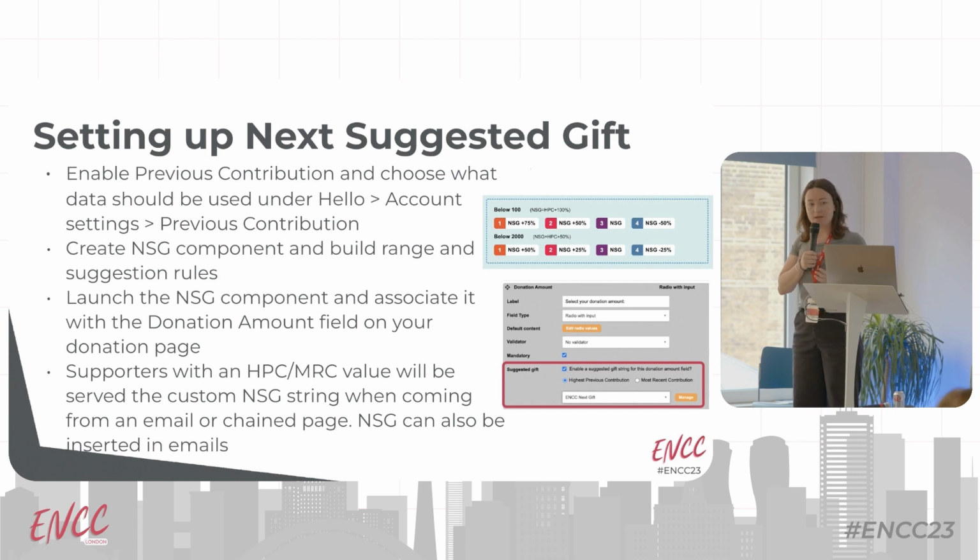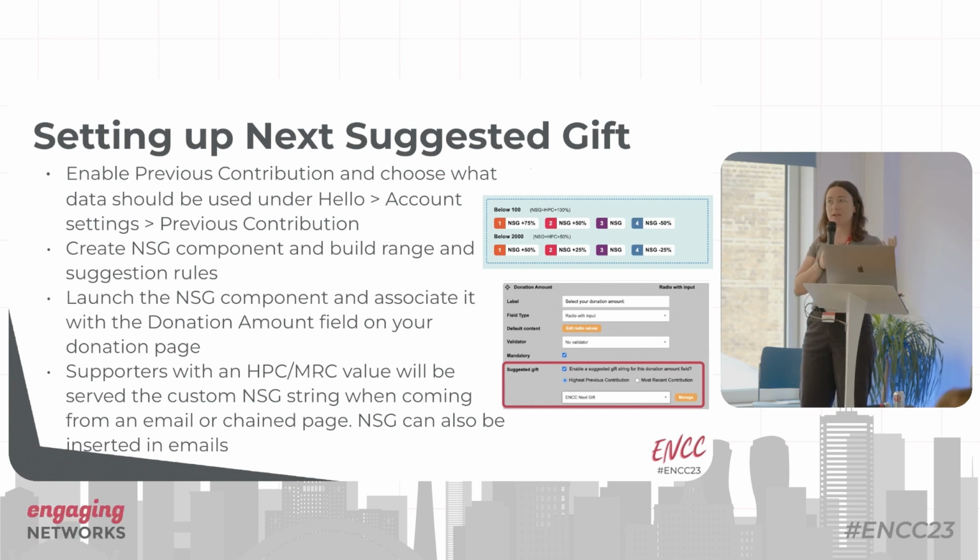Once you've enabled previous contribution, you would be able to build out the Next Suggested Gift component. So that is, again, a page component, so it's going to be under pages and components. And you can see here, basically you're going to define the next suggested gift using either HPC or MRC, and then you can build the string out around that value.